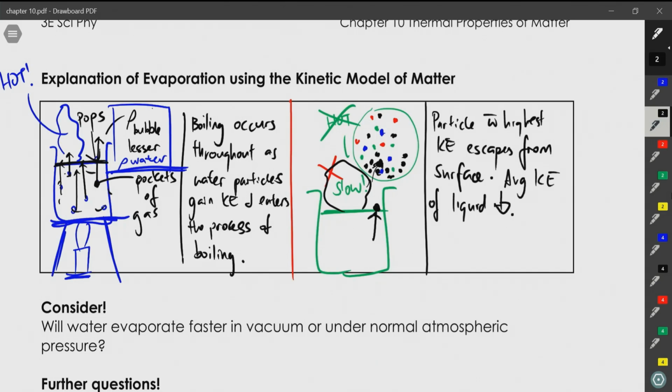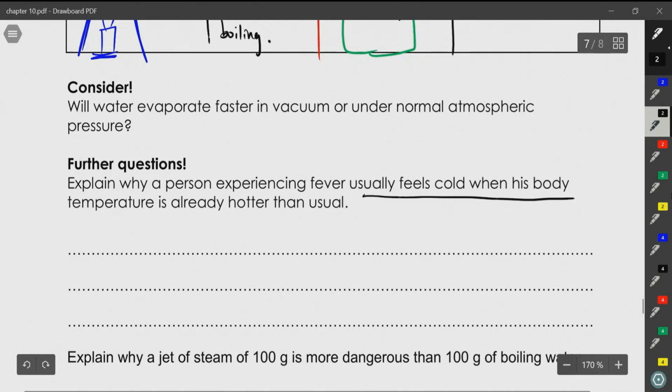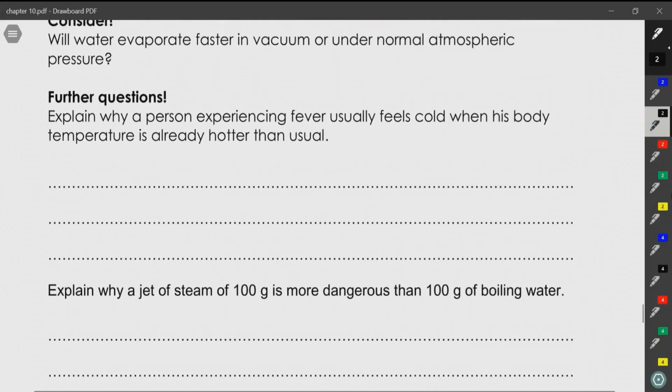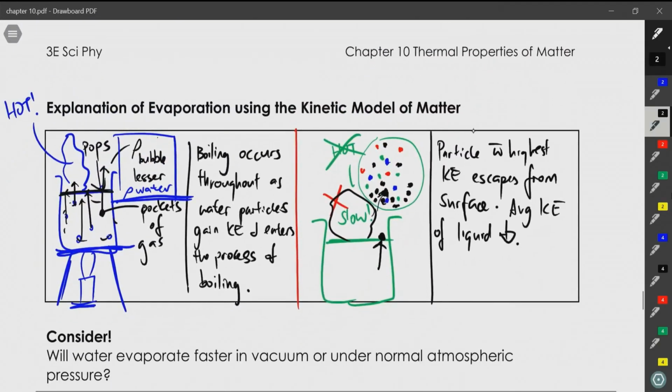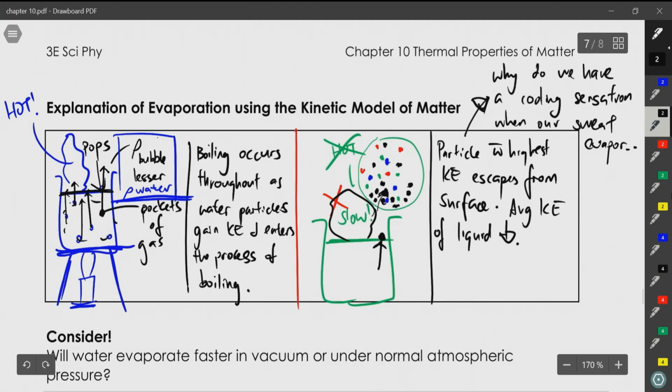And that's the reason why, in fact, you might want to ask a question: why do we have a cooling sensation when our sweat evaporates from our arm, like after we exercise or something?